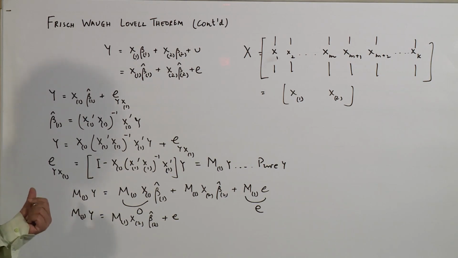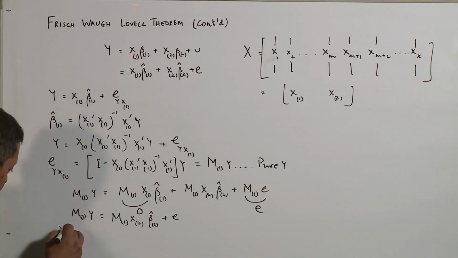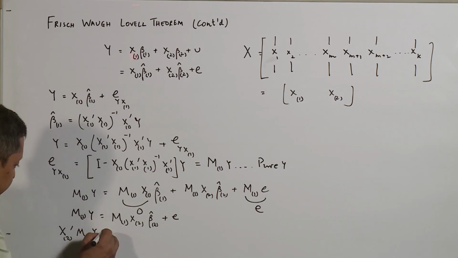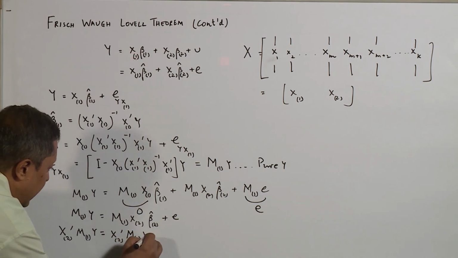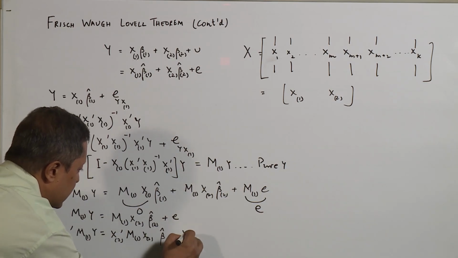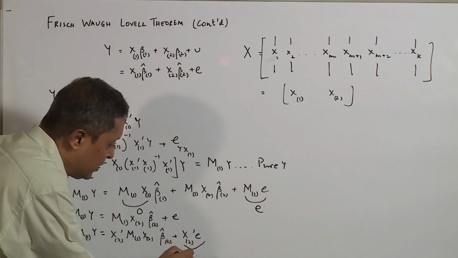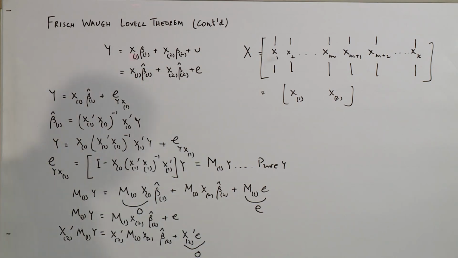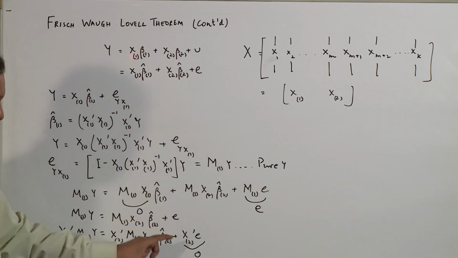Now, we will come to the final result in a single step. What we simply do is pre-multiply by x2 prime. So, x2' M1 y is equal to x2' M1 x2 times beta 2 hat plus x2' E. And once again, from the normal equations, x2' E must be equal to 0, because x' E is one whole set, a part of which is x2' E. So, both x1' E and x2' E are equal to 0.